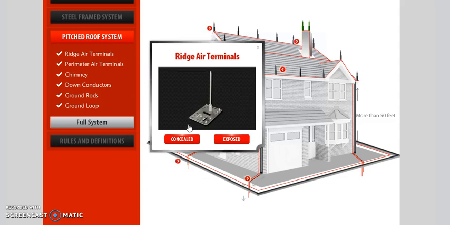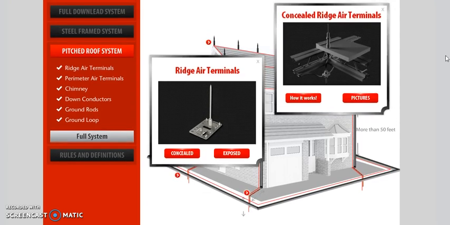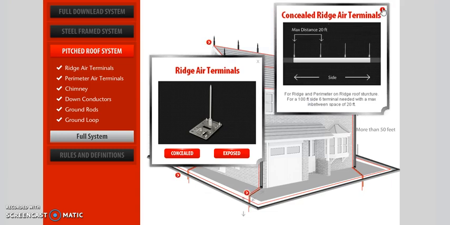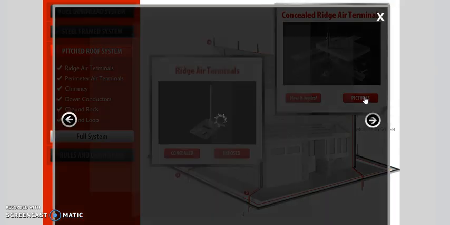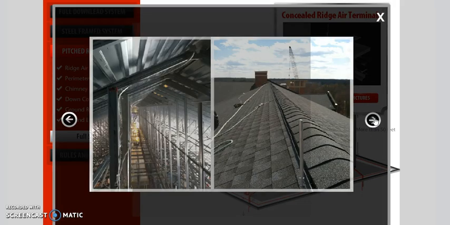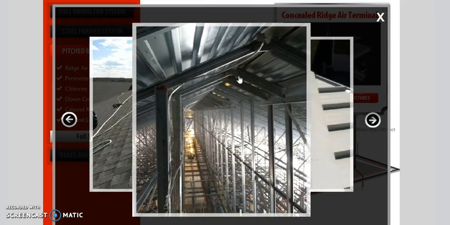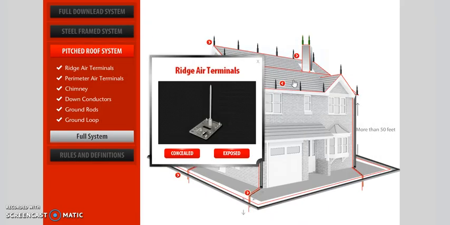On this one, they actually have the opportunity to view concealed versus exposed. So we click on the concealed, which is typically a little bit different from what they expect. If you click on how it works, you'll see this neat little animation. And then you click on the images there, to see just the inside of that and how those are slightly different from other systems.